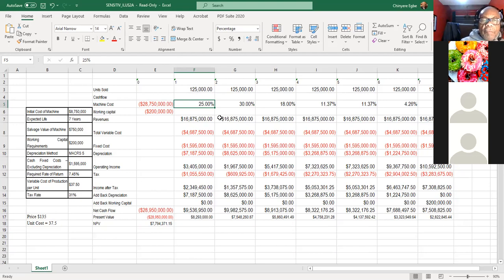And so they give those assets categories in years. For example, you have assets that are called 5-year assets. Then there are 7-year assets. Then there are 3-year assets. And then there are 10-year assets. And there are 20-year assets. Now, the categorizations are called MACRS, which is Modified Accelerated Cost Recovery System, okay?